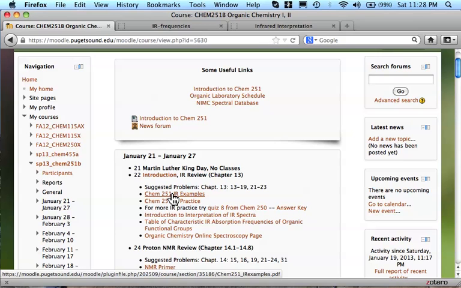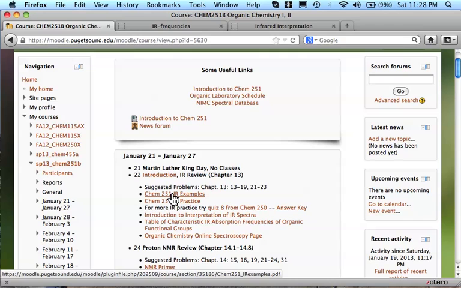That's a page that's got a number of different IR spectra that we'll be discussing in this video. And I think the most effective thing would be for you to go ahead and pause the video and then print out those 4 pages, so that you can annotate them as we go along. So I recommend you pause the video now and print that out, and then come back and start it up when you're ready.